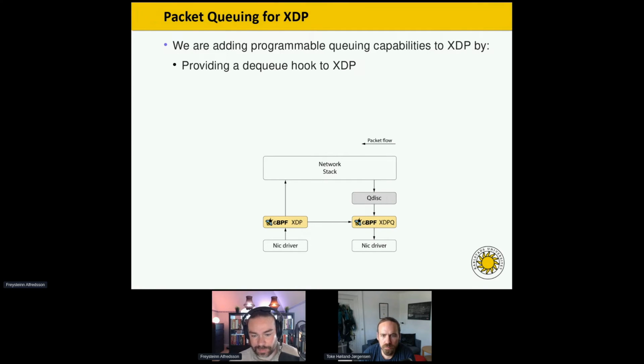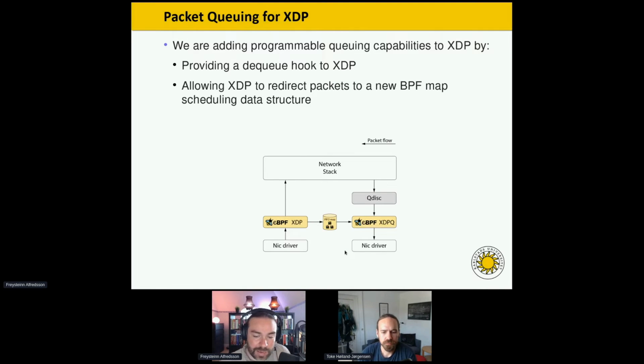So how do we want to solve this, and how are we solving this? We've provided a new DQ hook, which I've added here to the network interface as well. So now we have not just an XDP hook which enqueues a packet, we also have a dequeuing hook which is responsible for dequeuing packets.